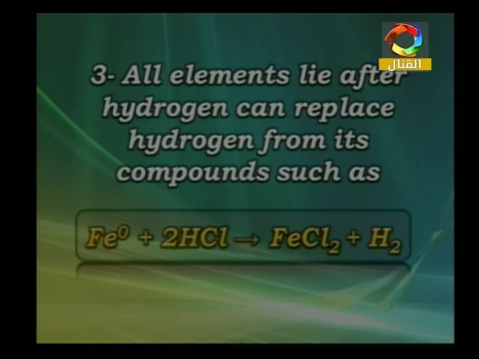So the hydrogen moves out and is produced by this reaction and evolves from the reaction medium. So hydrogen is a gas formed by the simple substitution of the iron for the hydrogen in its compound.